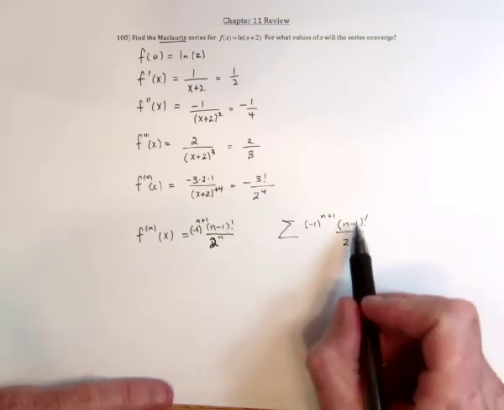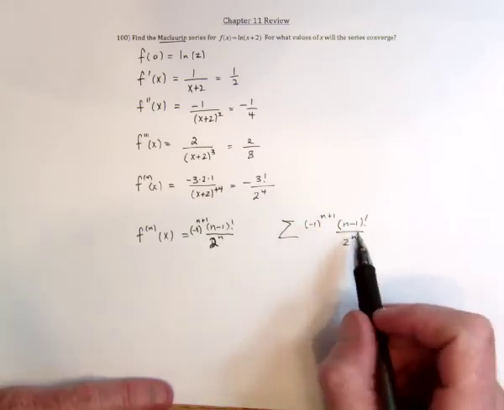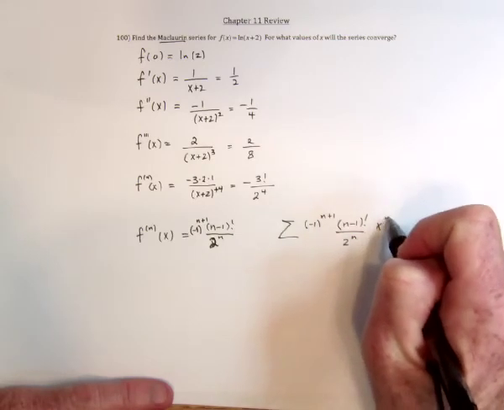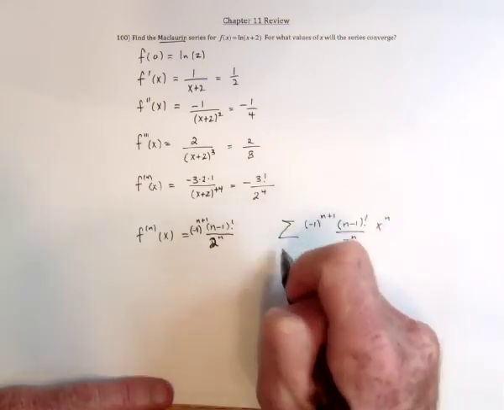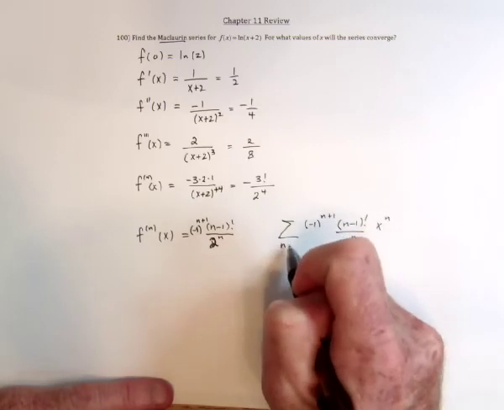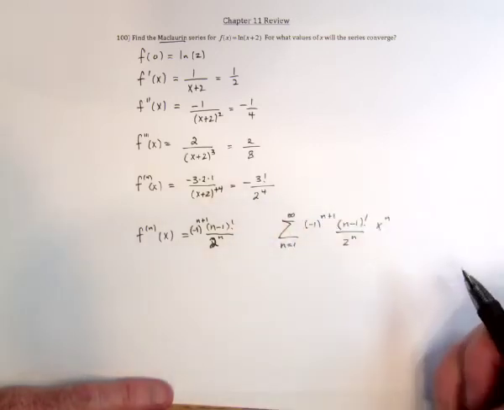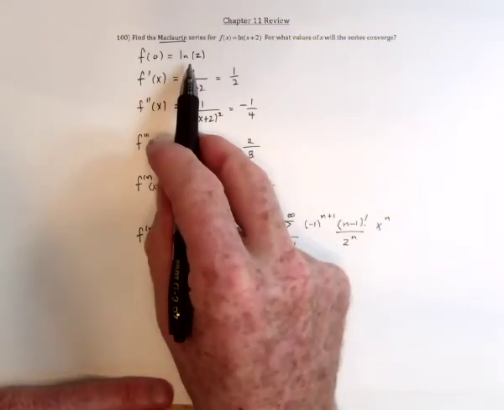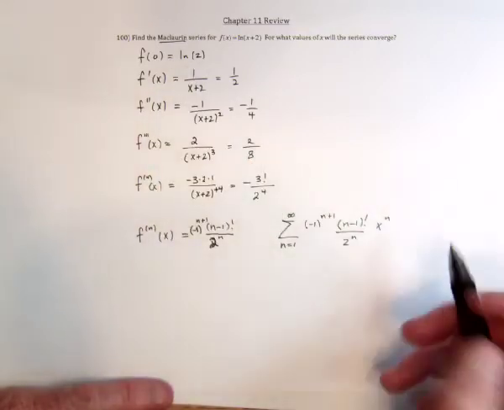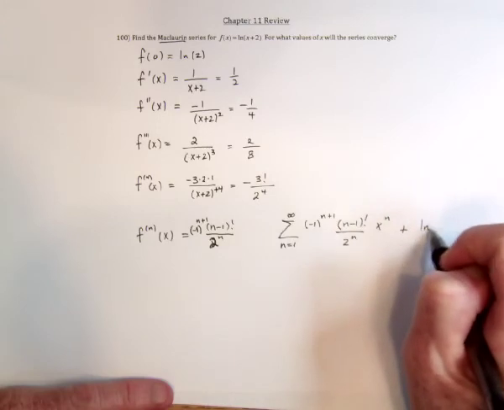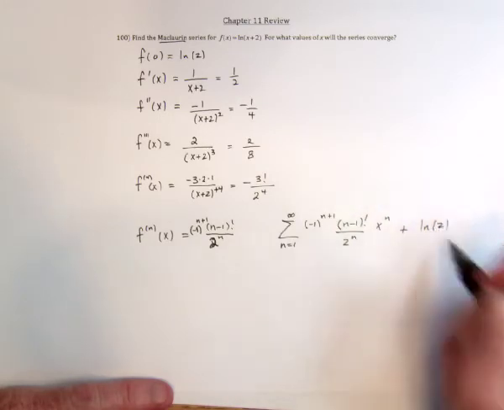Okay, now these are the coefficients that go in front of x to the n. And then n would go from 1 to infinity. Then we have to deal with this term. So then plus the natural log of 2. Whew.